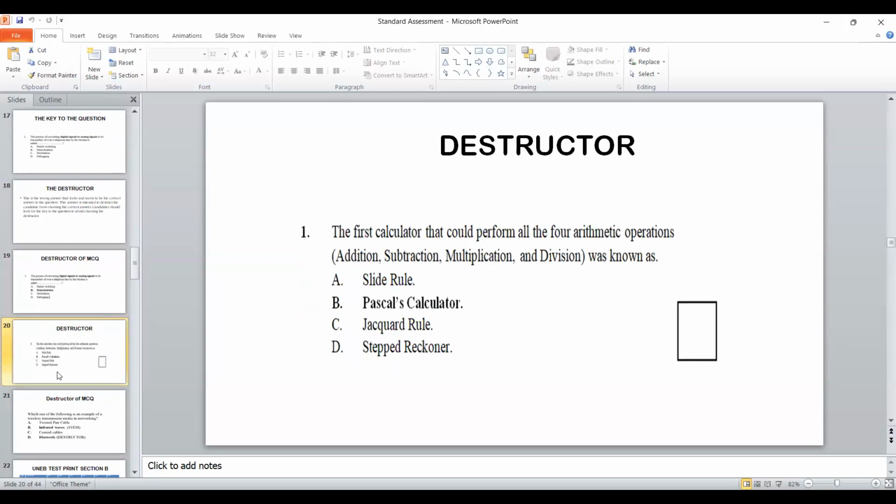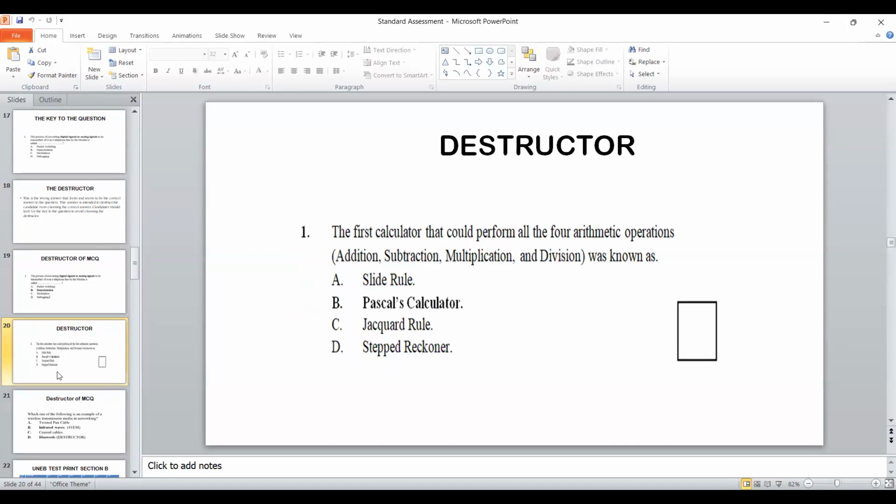The first calculator that could perform all of the 4 arithmetic operations. The first calculator. You see B is the distractor. People who studied the history of computers know that Pascal's calculator could not perform all the 4 arithmetic operations.